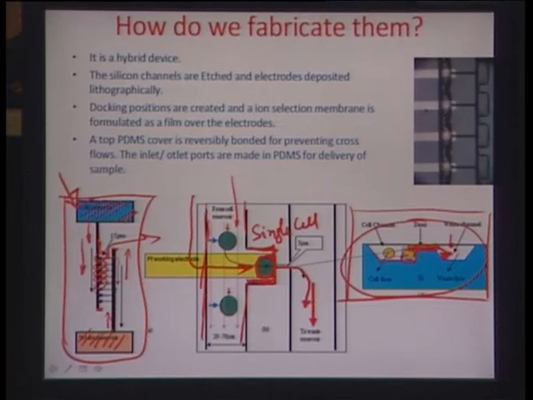You have these cells here kind of docked in these docking stations, and the electrodes, the platinum working electrodes, are placed just about the docking position, and here you can give the ion exchange resin in form of a coating, so that whatever happens to the cell or whatever releases happen from the cell through its ion channels can be easily gauged using these platinum electrodes through this ion exchange coating, which can be given on the membrane, which can be given on the top of the electrode here.